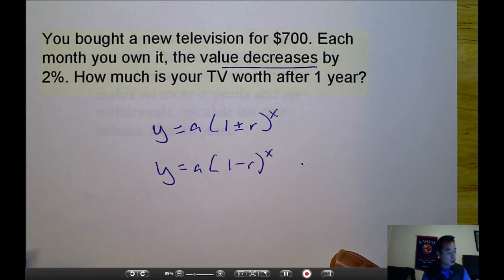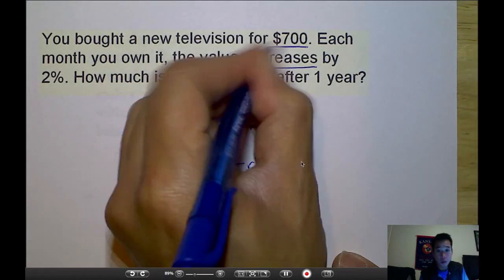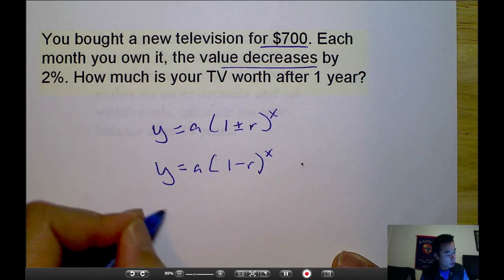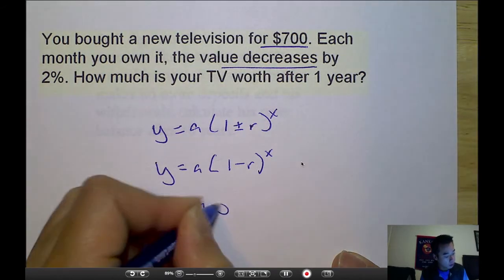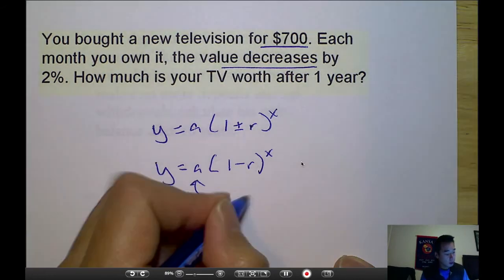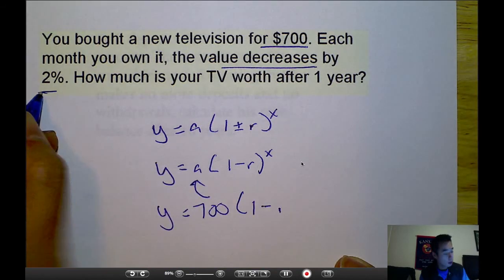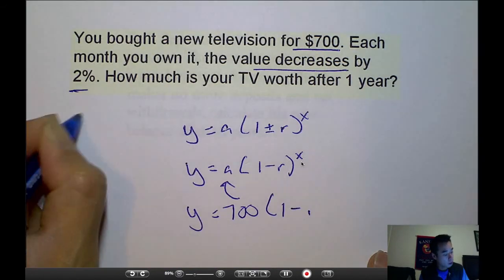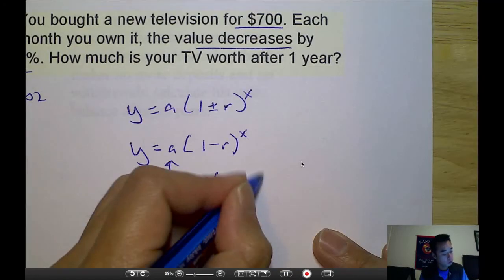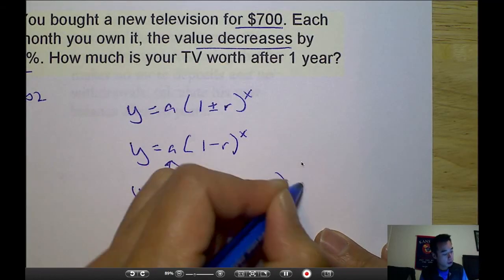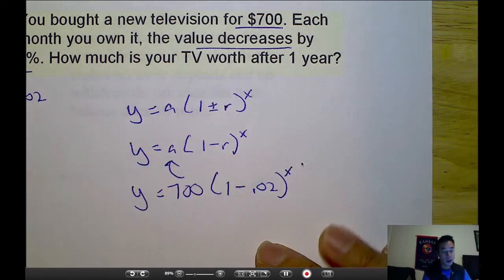That means I just find my initial value of 700. y is equal to 700, which stands for a, times 1 minus, since it's 2%, 0.02, to the power of x, and there's my function.